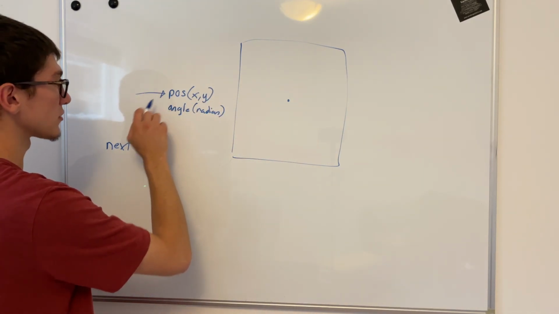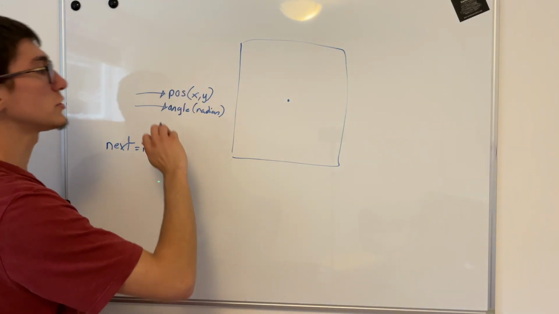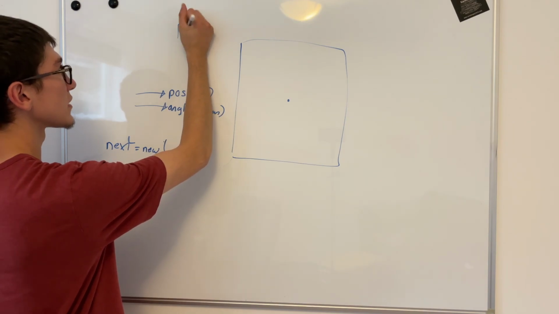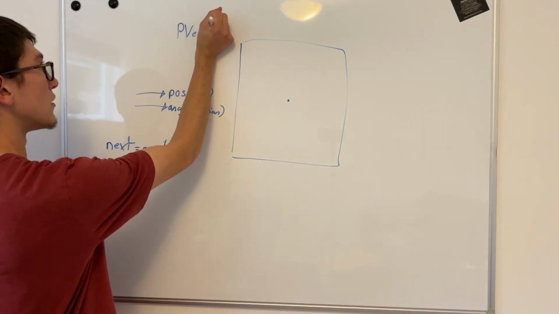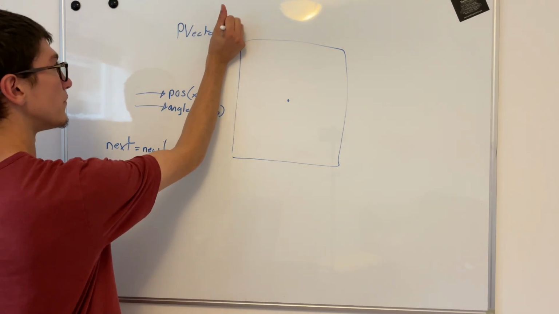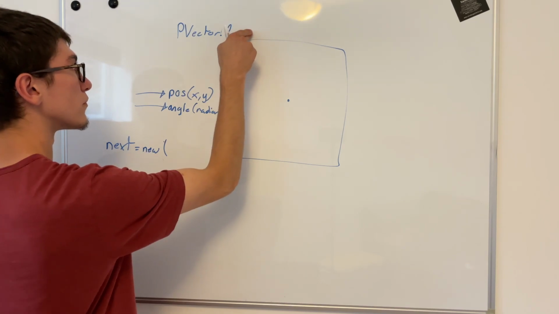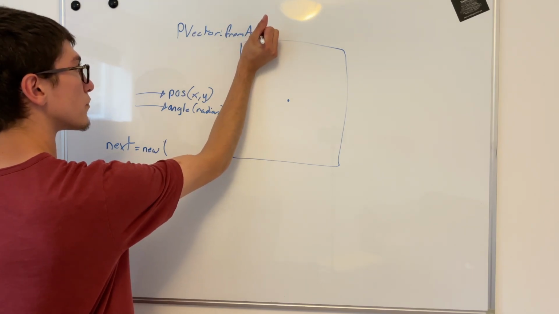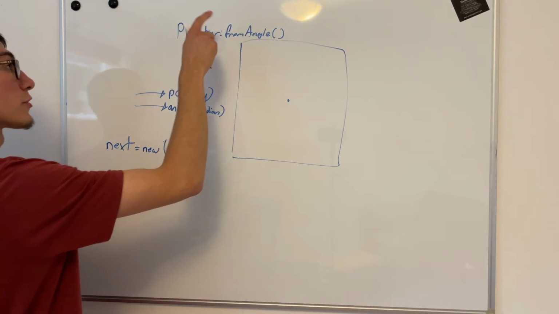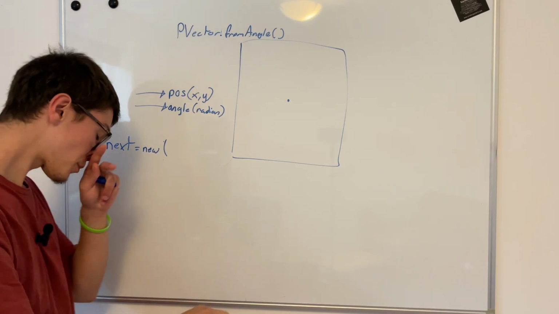This will be a PVector, and this will just be a float. We're going to use PVector dot fromAngle, and pass in the angle that we have.